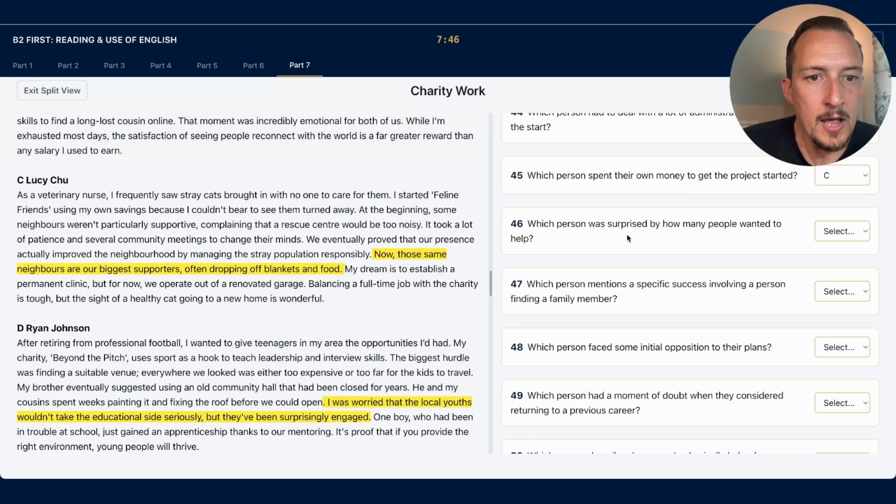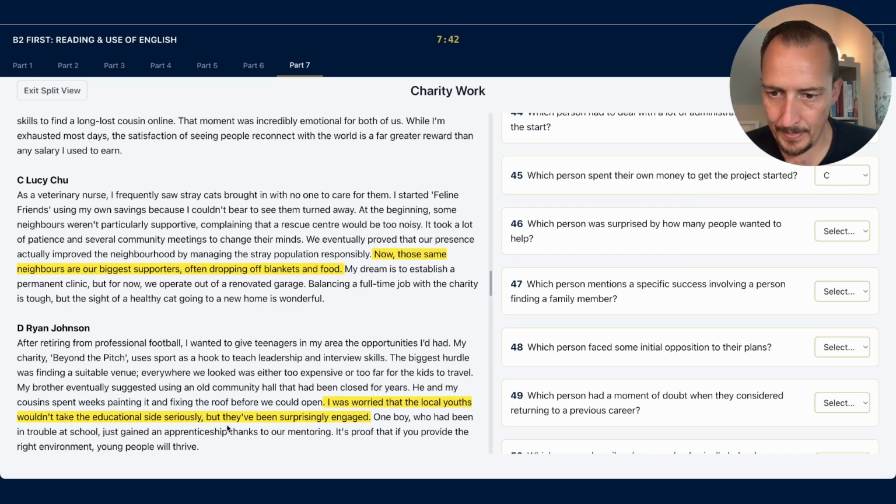So, which person's surprised by how many people wanted to help? This isn't helping. Although he's surprised here, it's not helping. It would take the educational side seriously. So it's not to do with support or help. Now those same neighbours are big supporters. Okay, but is there surprise here?